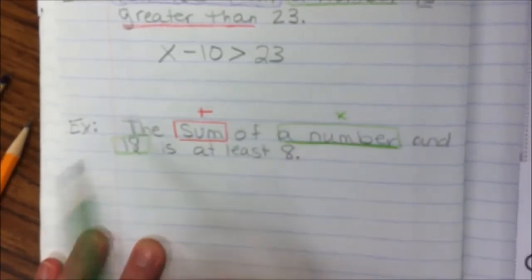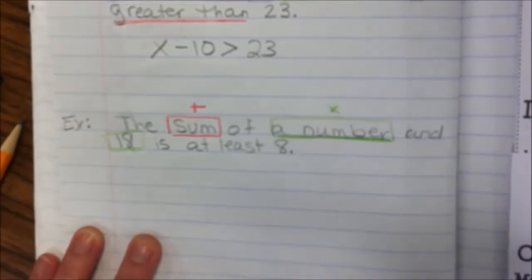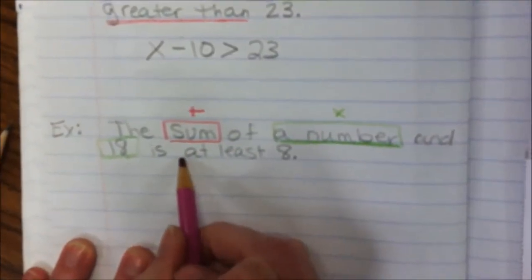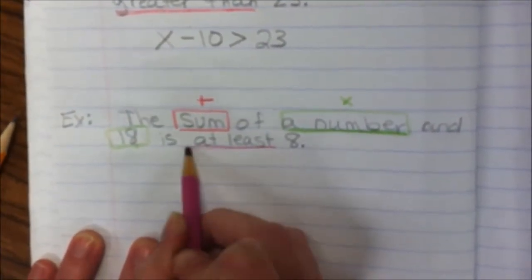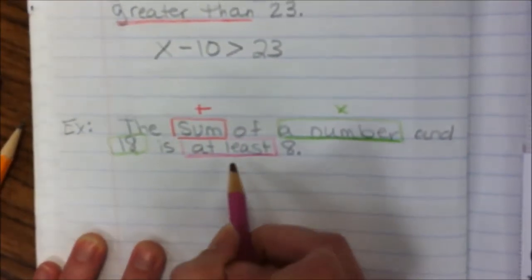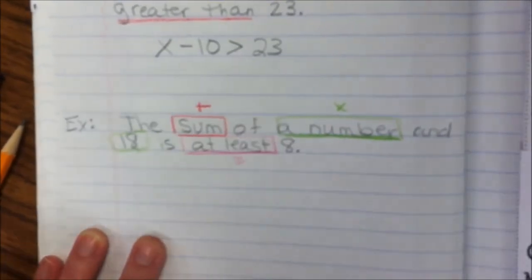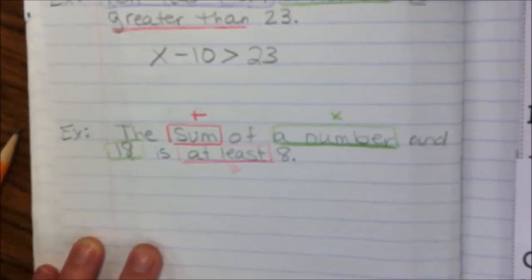So we're adding x and 18. And then on yesterday's video, we learned if it says is at least, that means it has to be greater than or equal to 8.